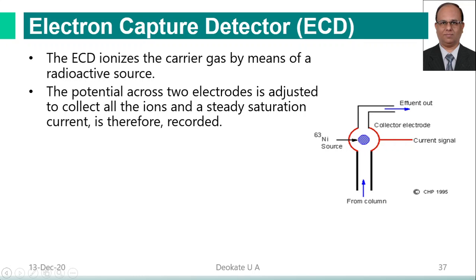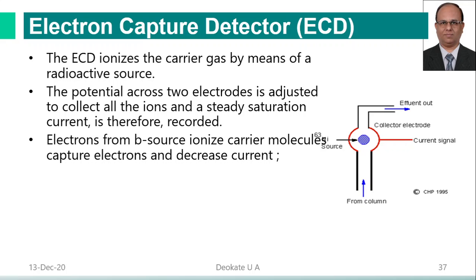Here the ionization is carried out by bombardment of electrons from a radioactive species like nickel. So this is nickel 63 as a source. It is used here, and when the sample enters from your column, it will get ionized here. The ions are collected by the electrode which is placed in the path, and this is the effluent out.